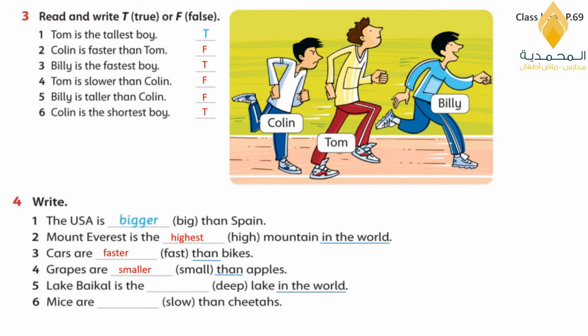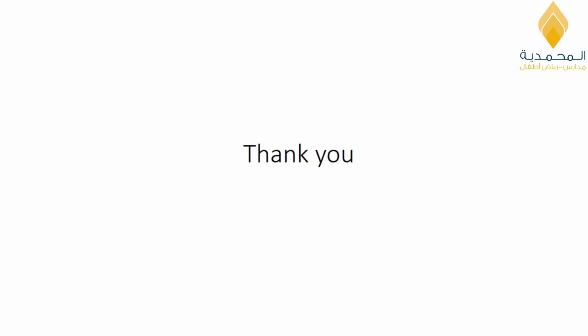We have in the world, which means we have to use superlative adjectives. The deepest. Number 6, mice are slower than cheetahs. We have than, so it's comparative adjective. We have to put er. Slower.